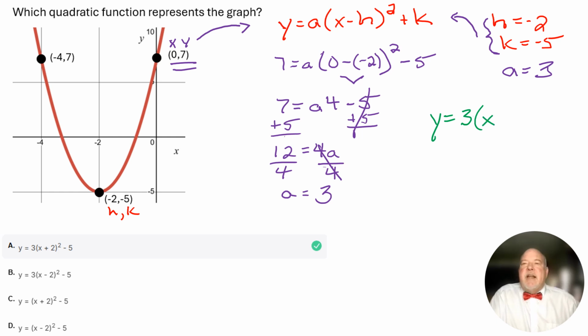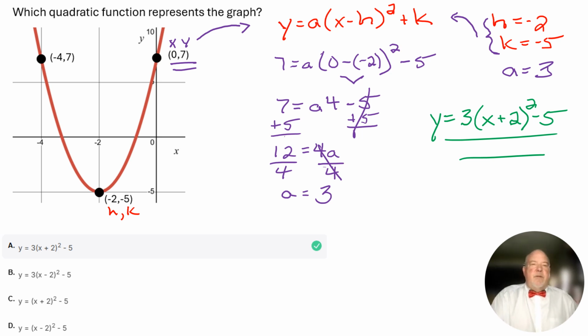And so h is -2. So instead of writing minus -2, I'm going to write plus 2, because again, minus negative is the same thing as plus. And then plus k, and k is -5, so I'm going to write -5. So there's my answer. And so if I look, that matches up with A. So A is the correct answer.